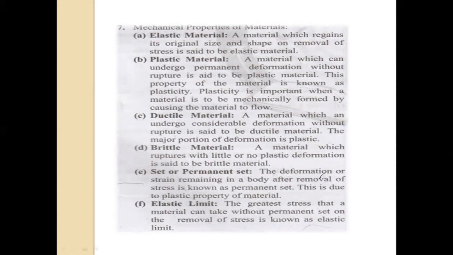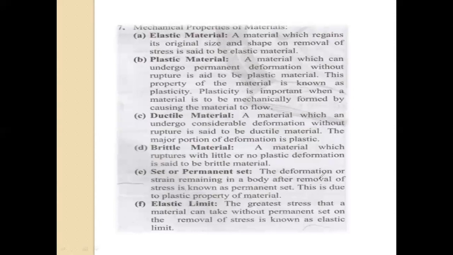And plastic material is opposite to this. A material which can undergo permanent deformation without rupture is said to be a plastic material. Plastic material means the body does not regain its original shape and size.